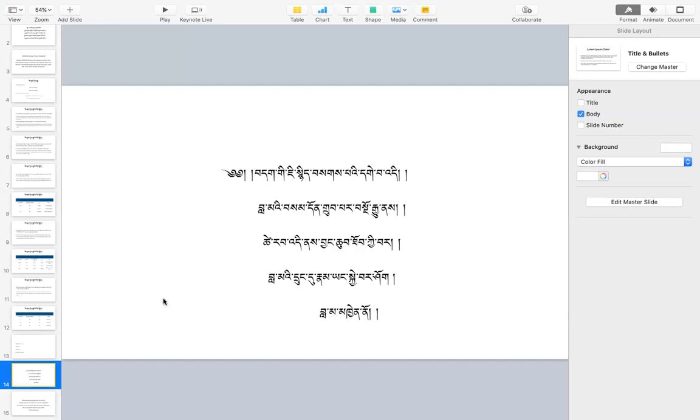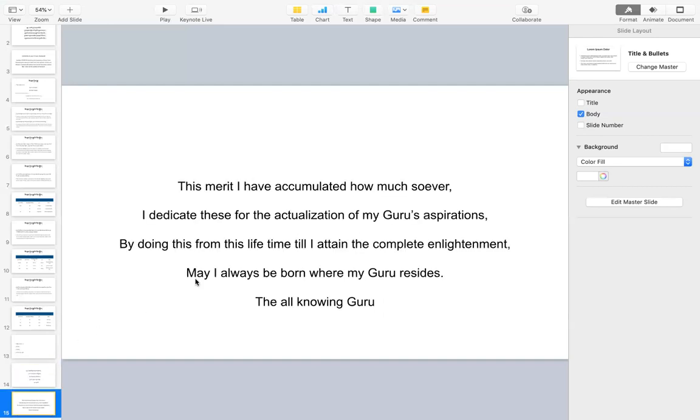So if there's imperfection in the words, imperfection in the meaning, I ask every one of you to be patient with me. So the line translates: this merit that I have accumulated, however much, I dedicate for the actualization of my guru's aspiration.